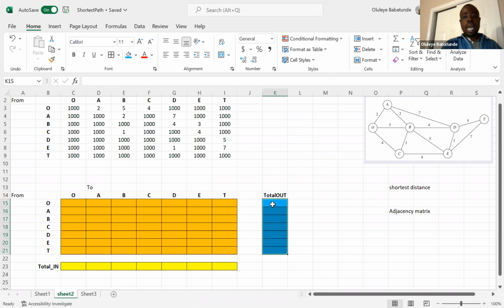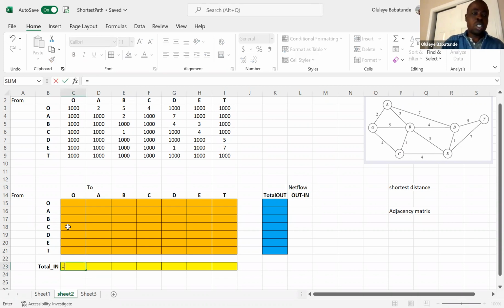Now here, let me have what is called out minus in. Is it like a net flow? Net flow. Okay. Now the yellow cell, it's just the sum of the columns here.